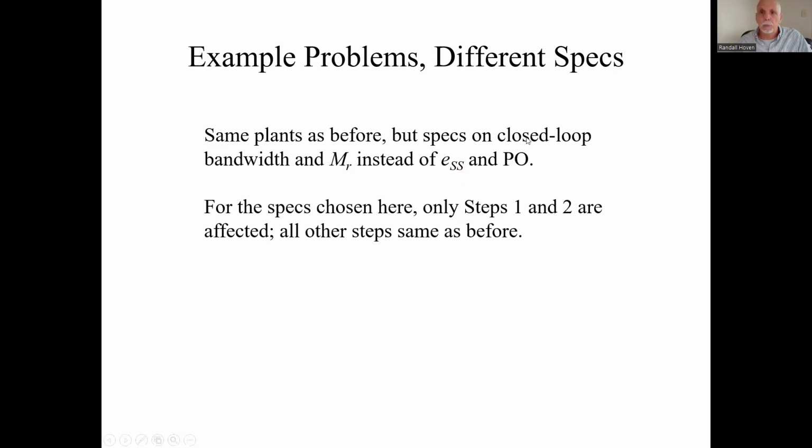And instead of a peak overshoot spec, we'll have a resonant peak spec. And these only affect the first two steps of designing a lead controller. Everything after that is the same as we already talked about.